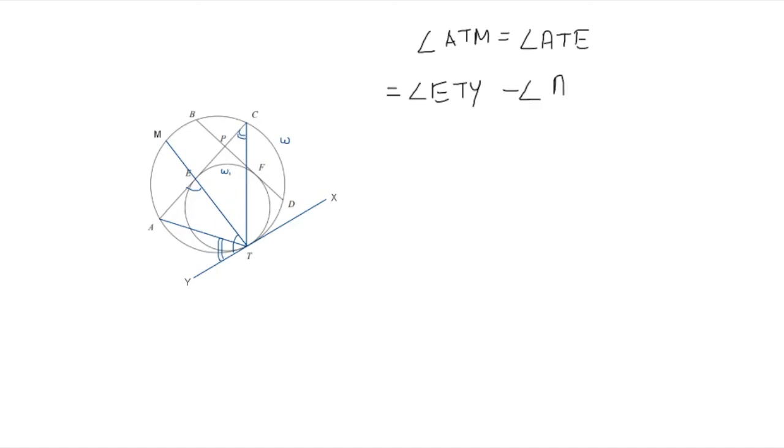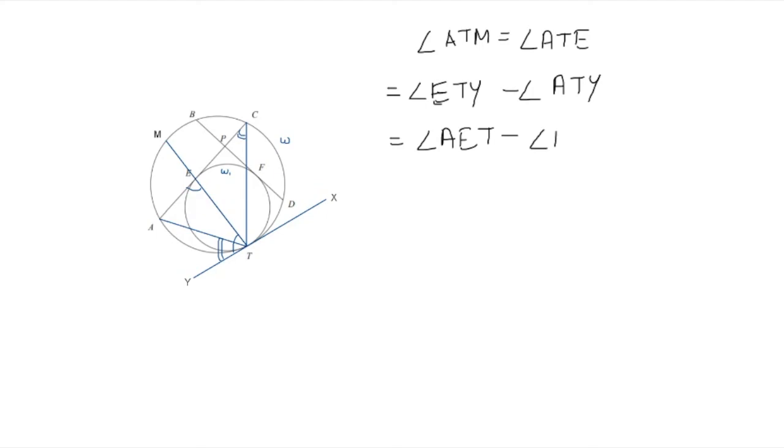Now we apply the equalities we already have. This angle ETY, as we discussed, is the same as the angle AET. So we replace that. And again this angle ATY, as we discussed, is the same as the angle ACT. So we again replace that.